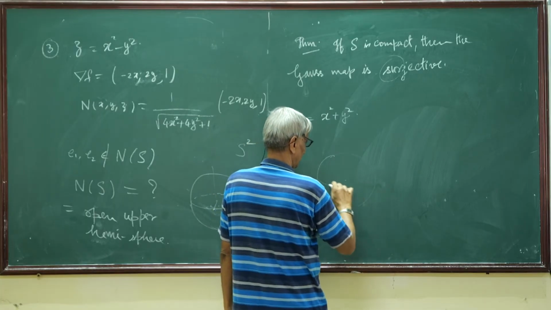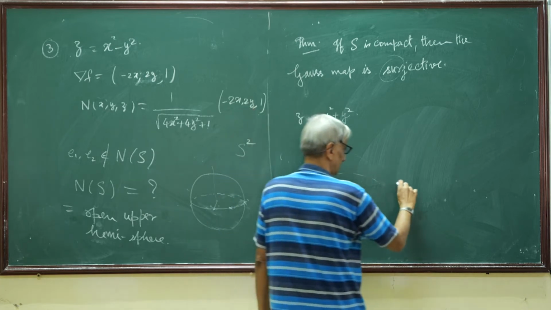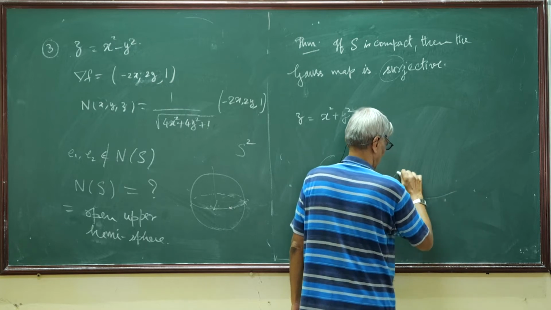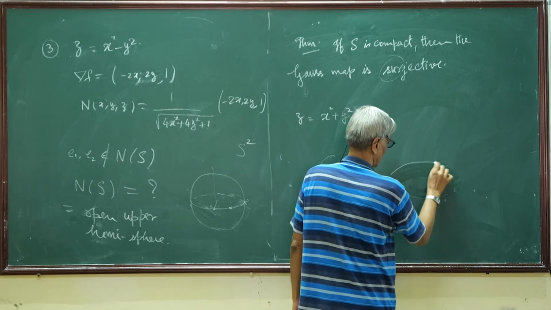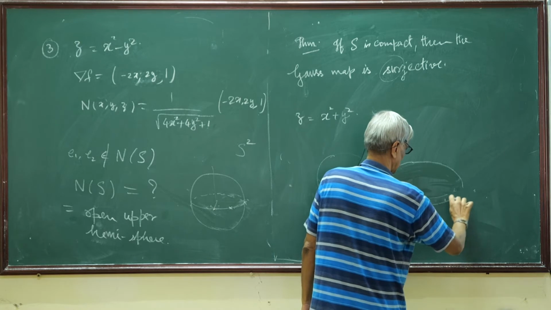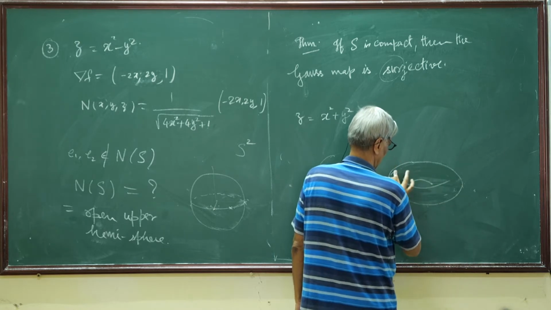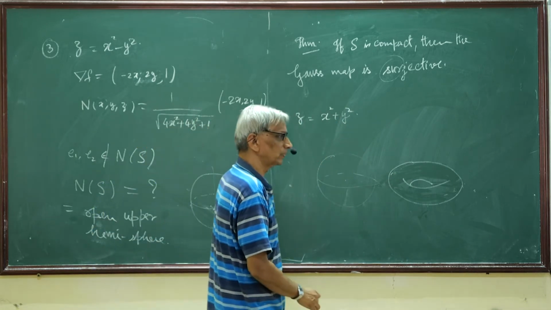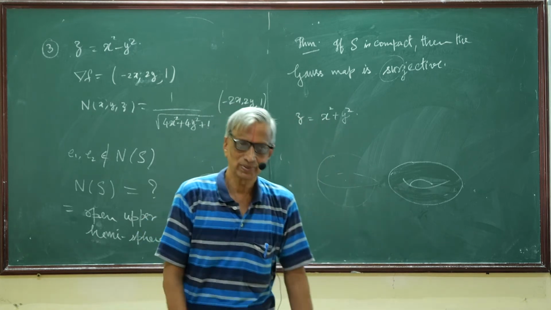So this is a sphere. You have the torus here. So what you can do, for example, is join them together.